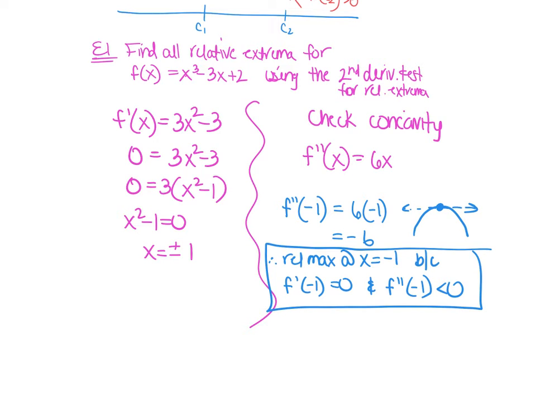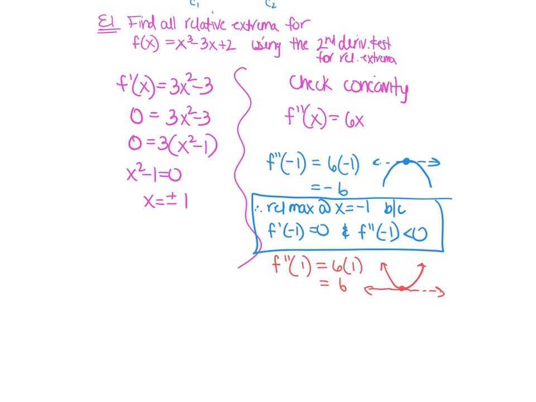Then if I try our other point by doing f double prime of 1, that gives me a positive value, which means at 1 it must be concave up, and you can see that's going to be a relative minimum.